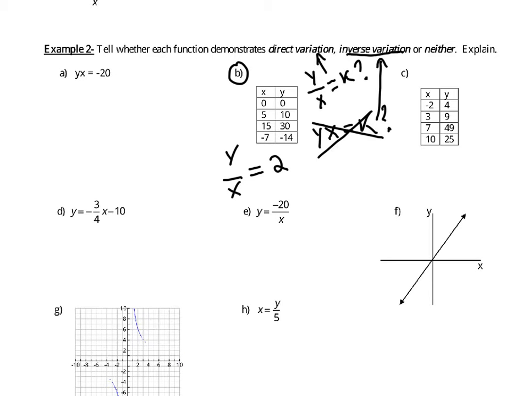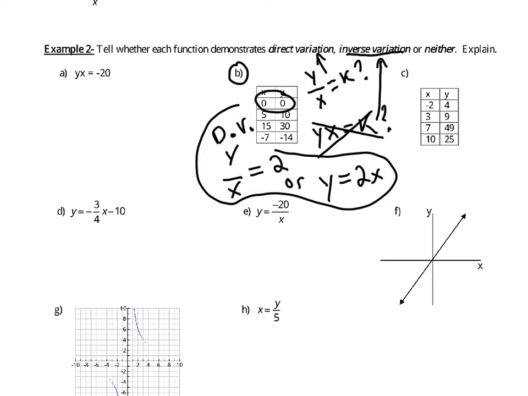Since y over x equals 2, or if I multiply both sides by x, y equals 2x, notice the y-intercept is 0; it passes through (0, 0). This is what we would say is direct variation. I'm abbreviating here, so there is my explanation.